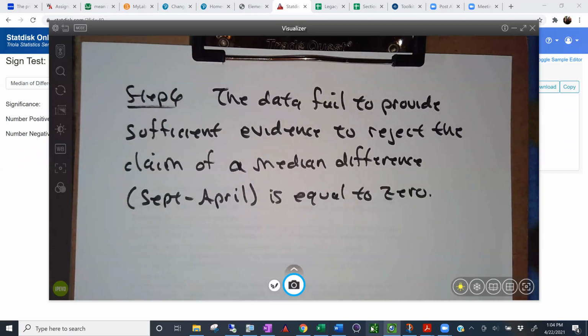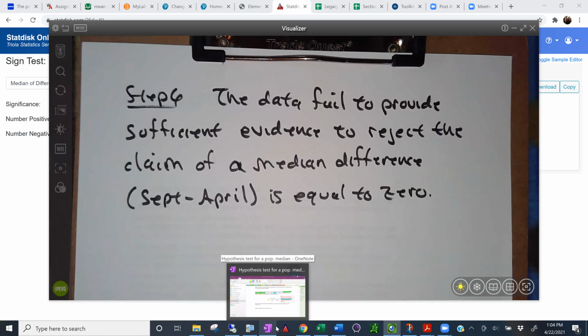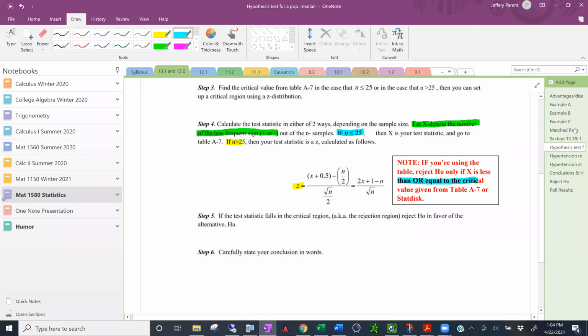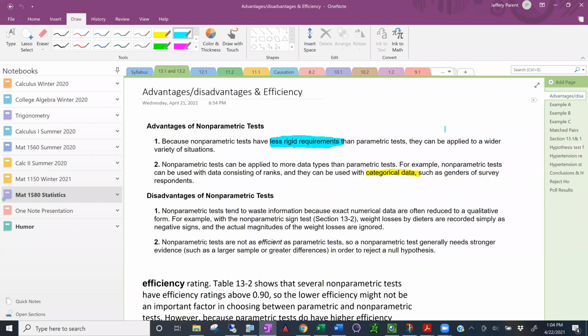All right. Now, one of the problems with this test is just how much information you're throwing away. Let's look back at it, and I want to help you understand something called efficiency. So let's go back up here to advantages and disadvantages.